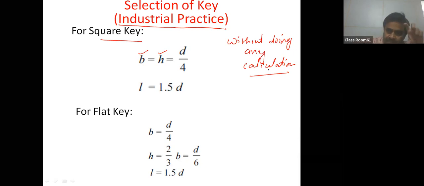There is an industrial practice in which there are some empirical formulas. That empirical formula is B equal to H equal to D by 4. Here D is the diameter of the shaft.